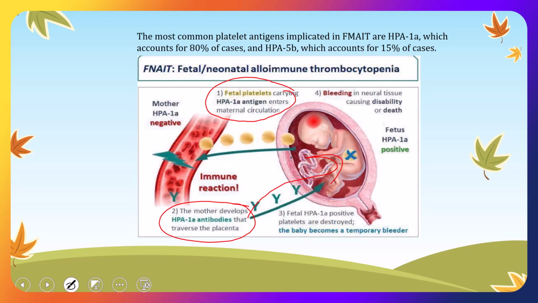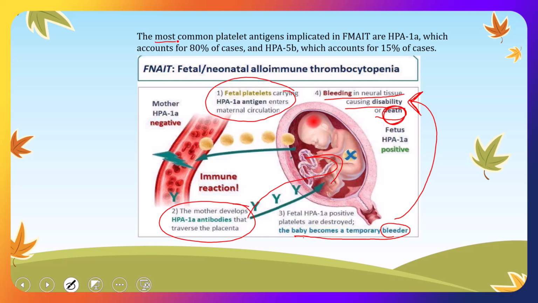After crossing the placenta and entering the fetal circulation, the antibodies destroy the baby's platelets, causing low platelet counts, and the baby becomes a temporary bleeder. And if the bleeding is severe enough, it can occur in the neural tissue, causing disability or even death of the newborn baby or even the fetus.